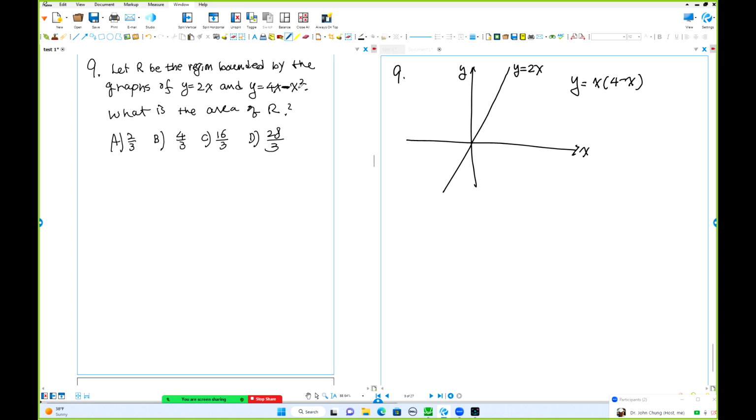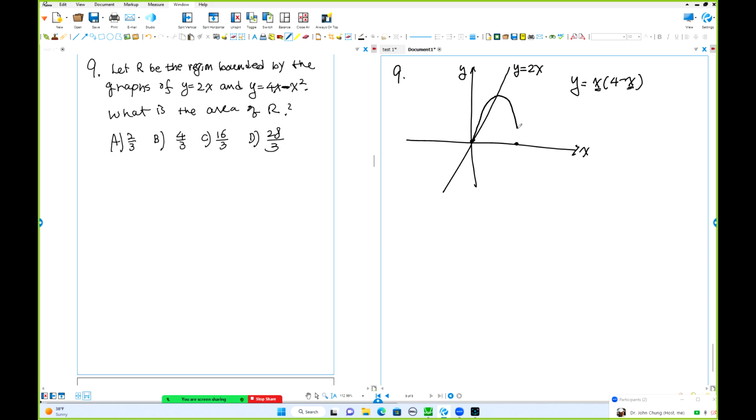The highest degree term has coefficient negative 1, so the graph opens downward. It passes through x equals 0 and x equals 4 here, right? The graph looks like this.